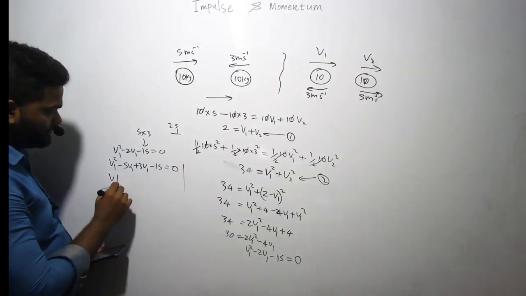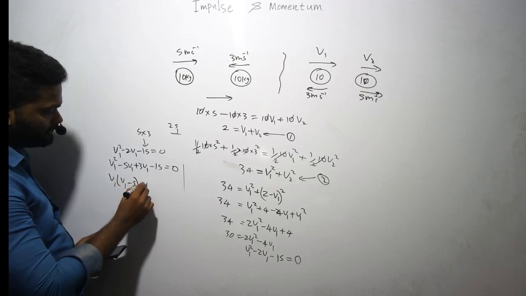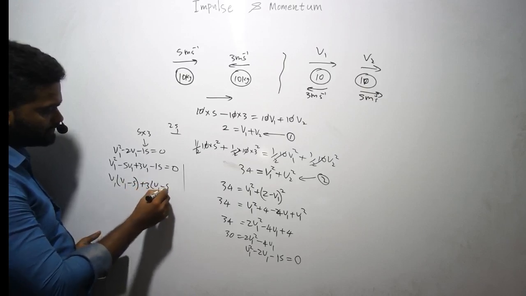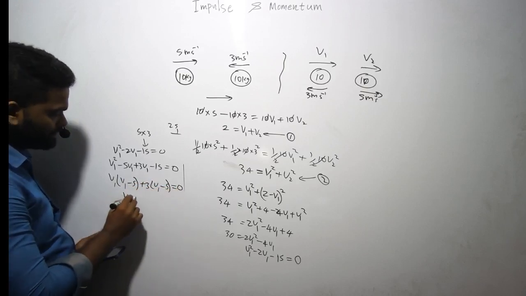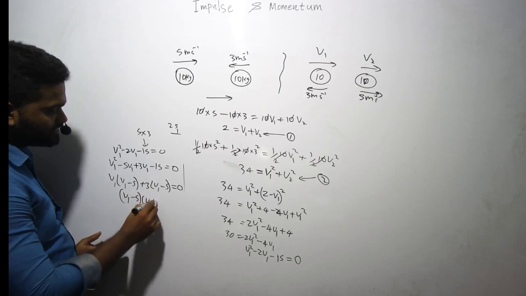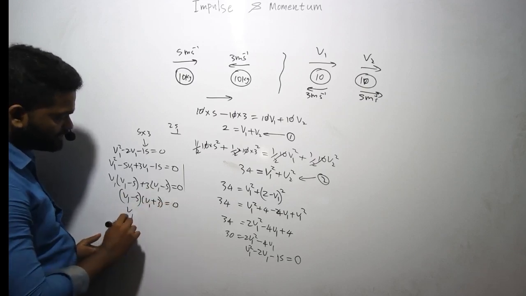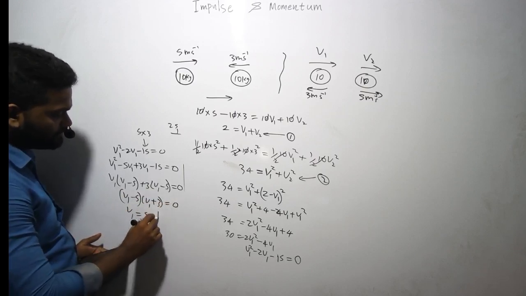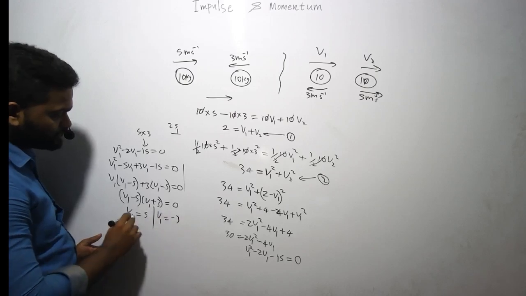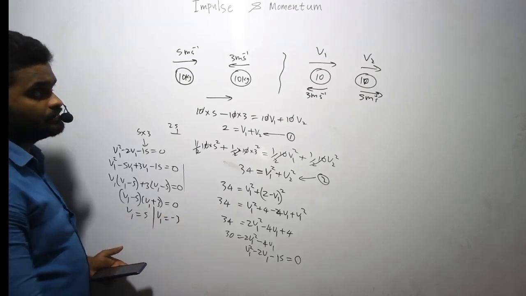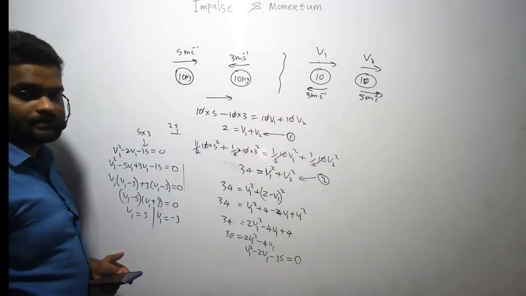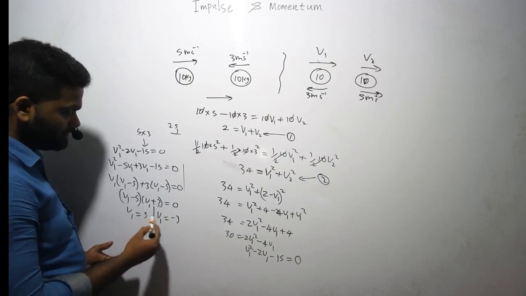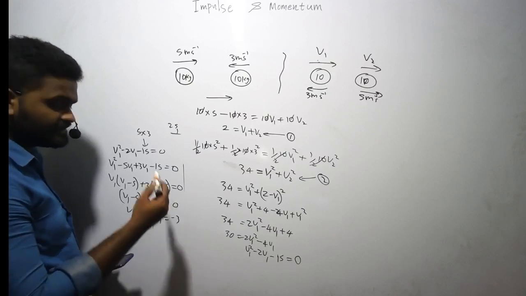Take v1 out: v1 plus 3, and take 5 out: v1 minus 5, equals 0. So v1 minus 5, v1 plus 3 equals 0. So v1 equals 5 or v1 equals minus 3. So you have two answers for v1. v1 means this one. It is either 5 or minus 3.